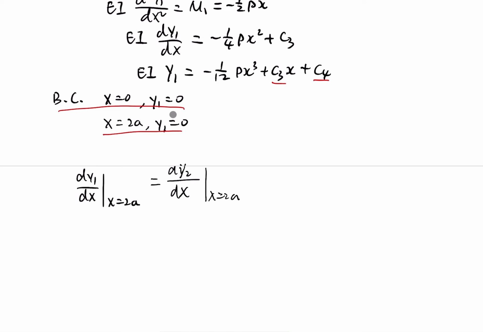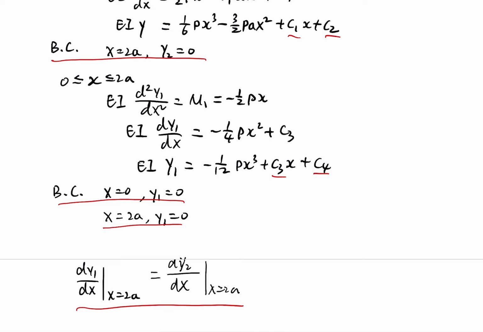These two slopes must be the same. This is the continuity condition. So now we can write down four equations from the boundary conditions and continuity conditions. Four equations and four unknown constants, C1, C2, C3, C4, so we can calculate these four unknown constants.